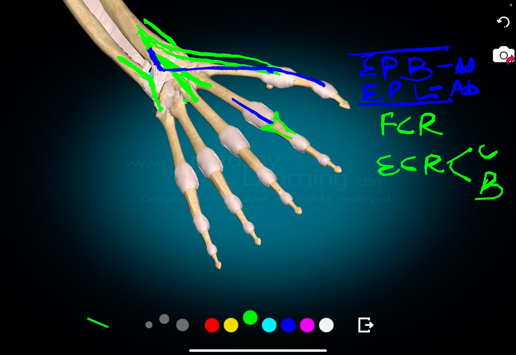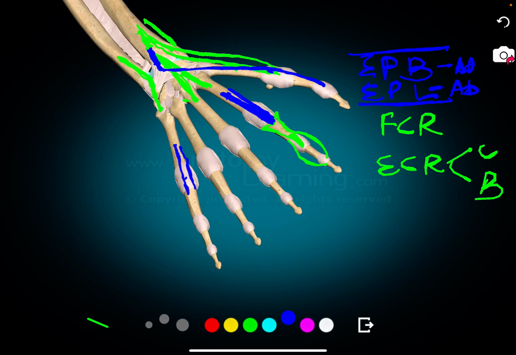The expansion sides go and get inserted into the distal phalanx, and the middle gets inserted into the intermediate phalanx. The basic insertion into the expansion is of the extensor digitorum, helped by extensor digiti minimi on this side, extensor indicis on this side.